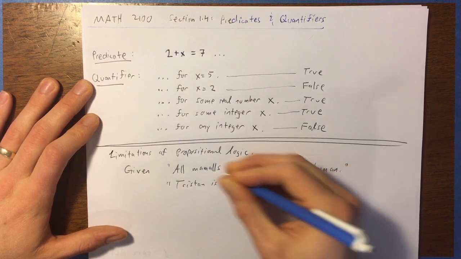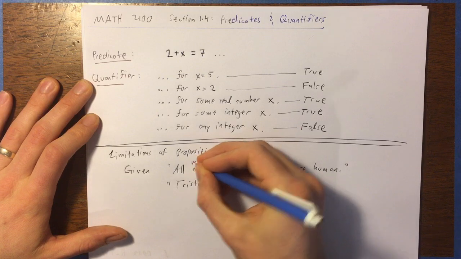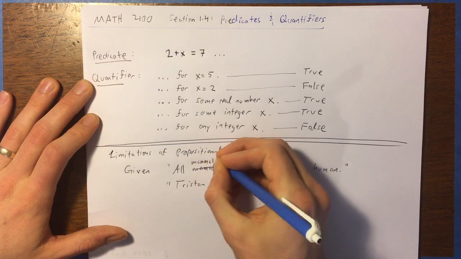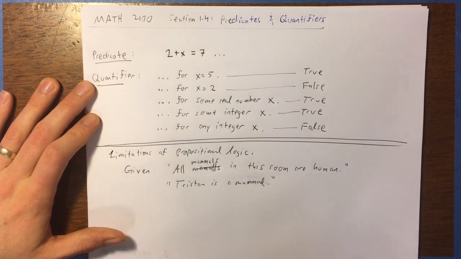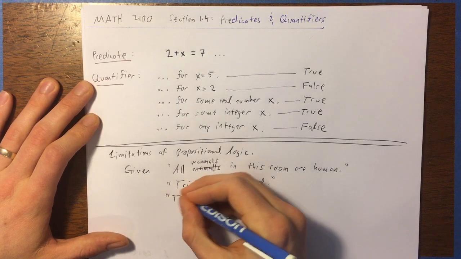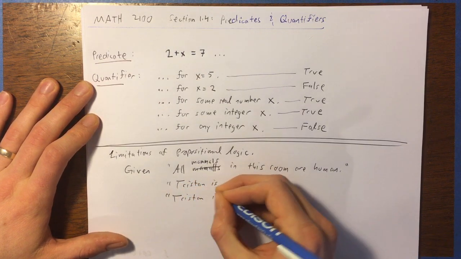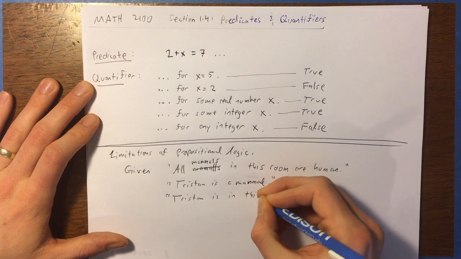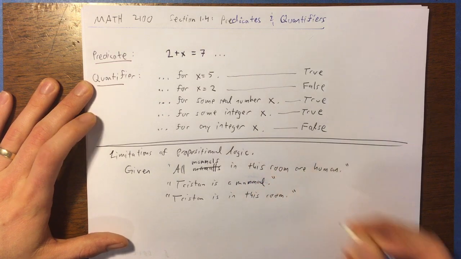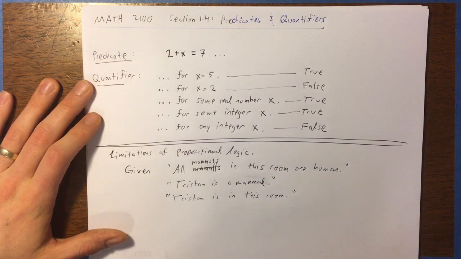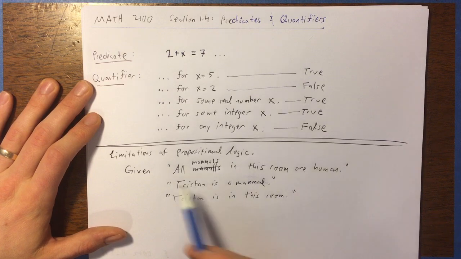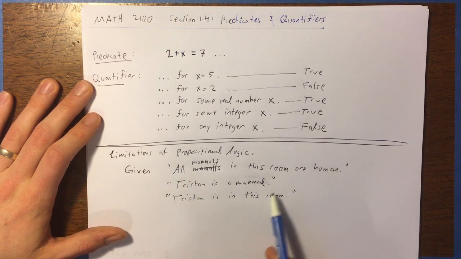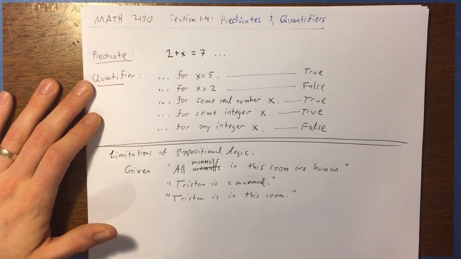Let's say you're also given that Tristan is a mammal, and also that Tristan is in this room. All right, you'd think that we should be able to conclude that Tristan is a human, right? All mammals in this room are humans. Tristan is a mammal. Tristan is in this room. Therefore, Tristan must be a human, right?